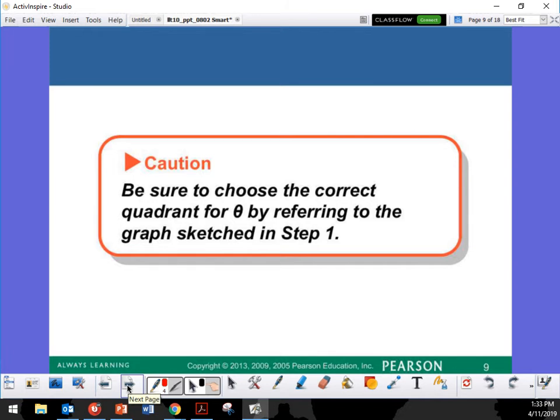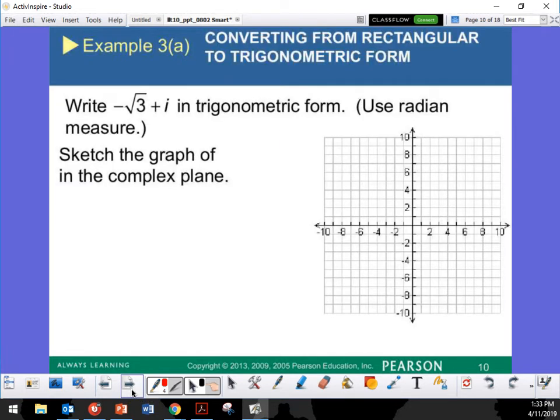Okay, correct quadrant. All right, let's take a look. So I'm going to first sketch it this way. It says negative radical 3 plus i. How much do I go in the i direction? Positive 1i, right? Okay, so negative radical 3 is about right here, and up 1 is right here.